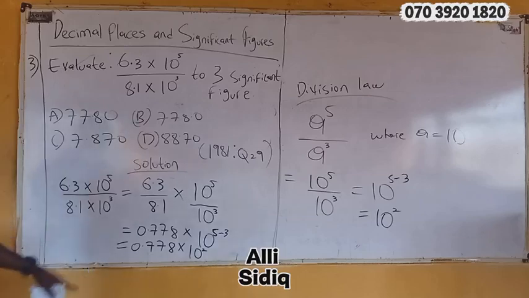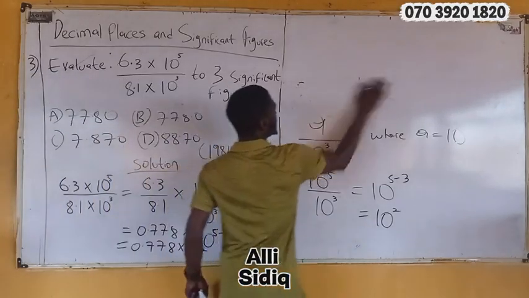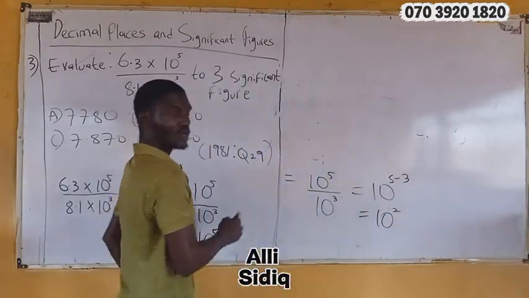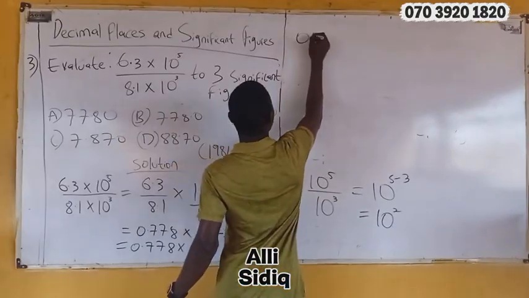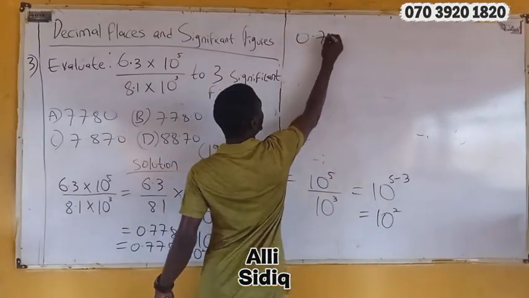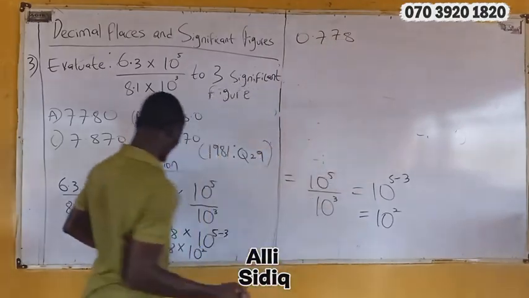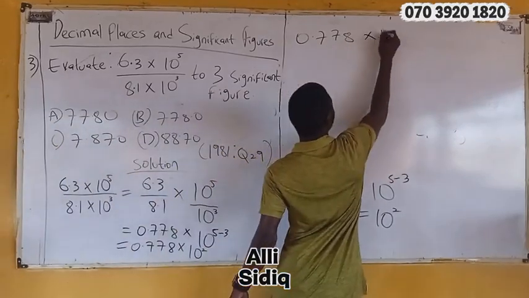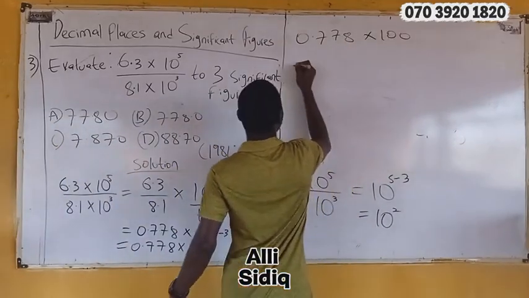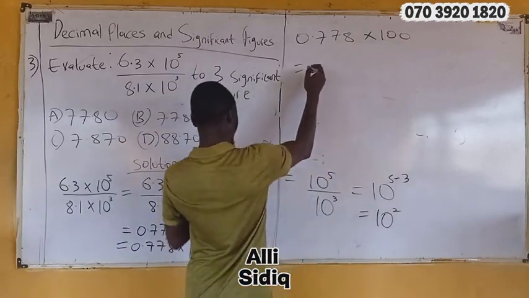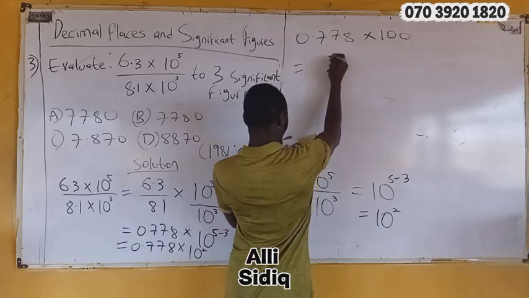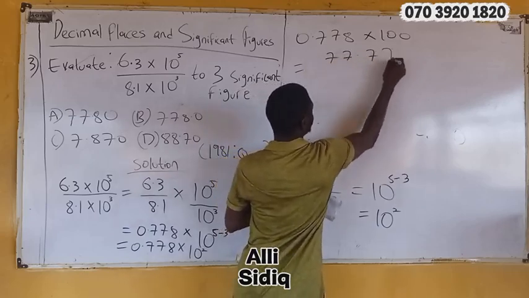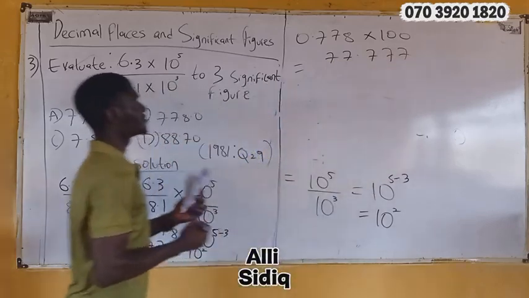So when you do this, you have 0.778 times 10 raised to the power 2, which is what? 100 times 0.778. So when you do the multiplication of this, I have 77.777.